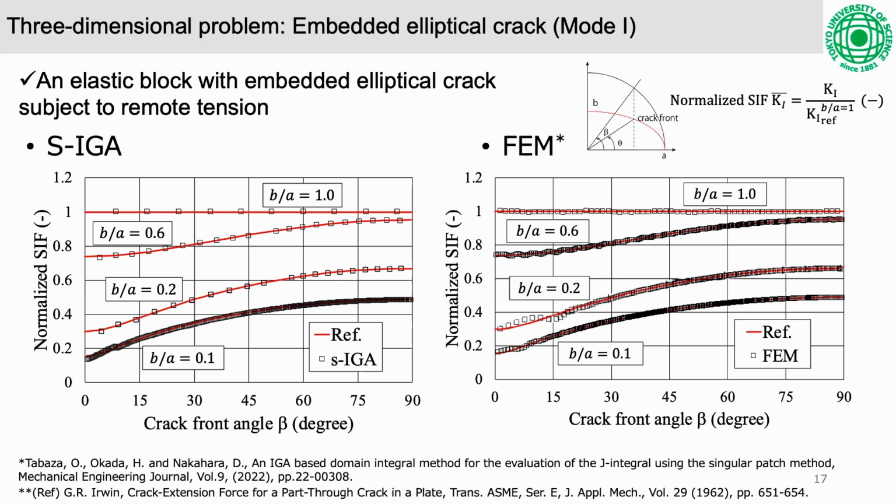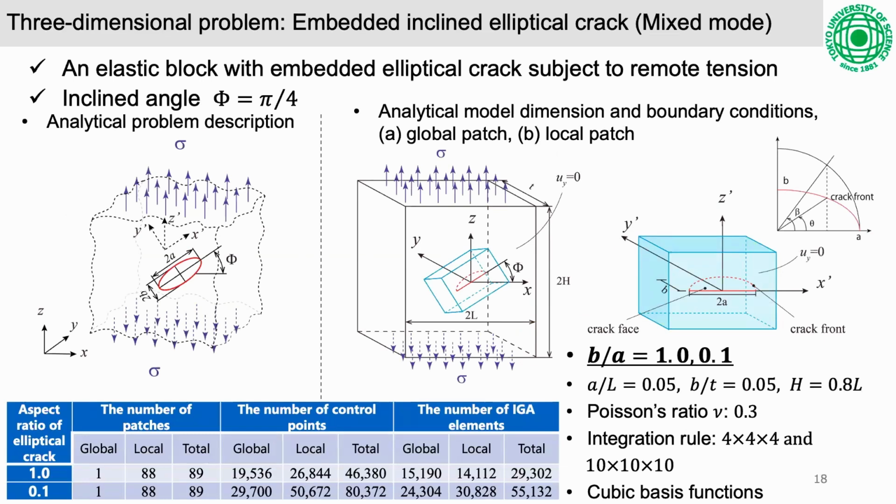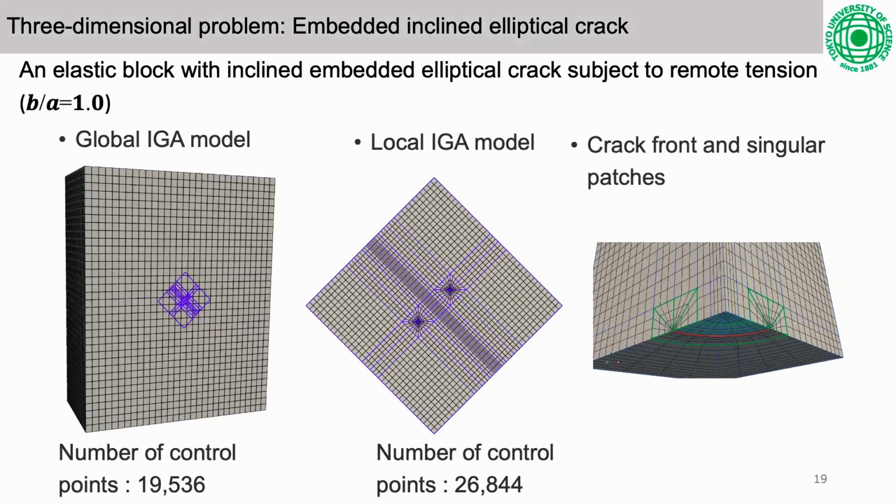Why doesn't this thing work? Oh, okay. So this case is a mixed mode case. We just tilt the local model so that we can easily produce a mixed mode problem. Okay, this is the global model, local model, and tilting, right?